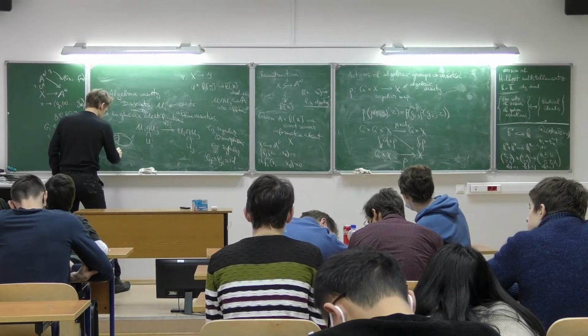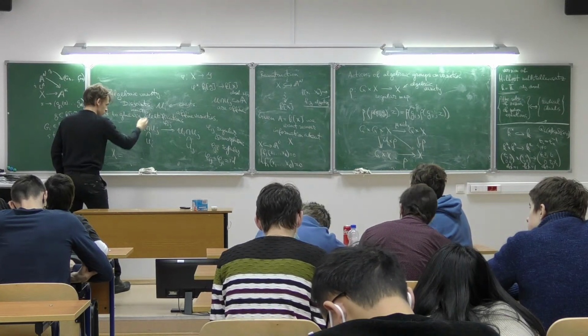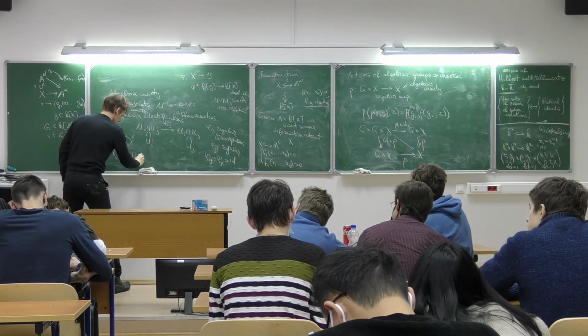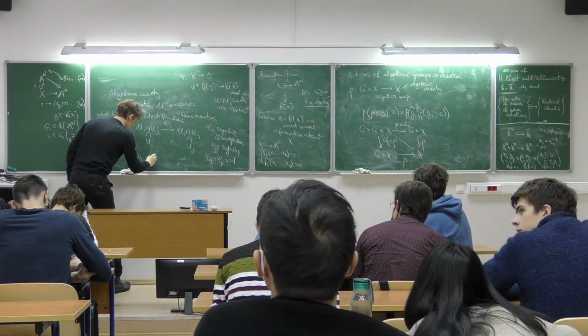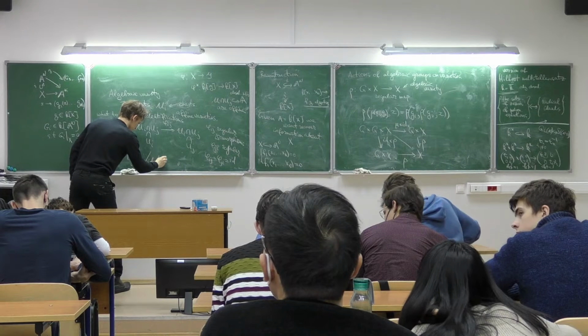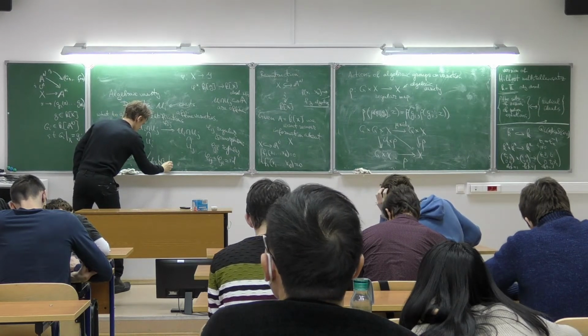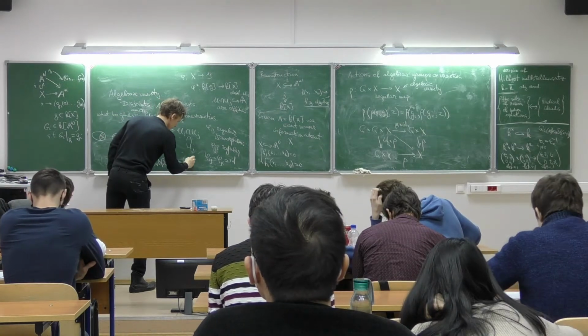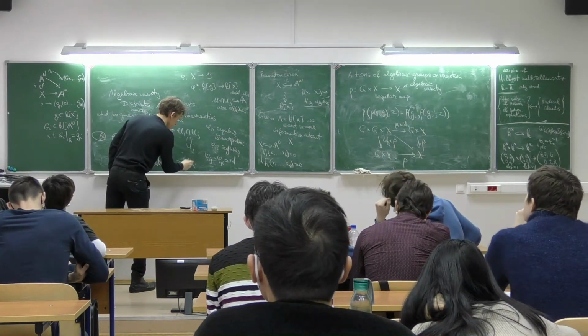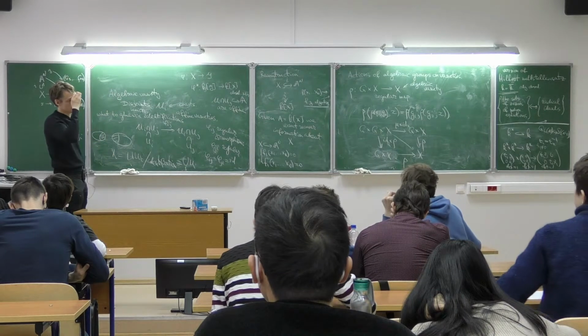And X is just this disjoint union via these identifications. So X will be the union of these charts after the gluing.